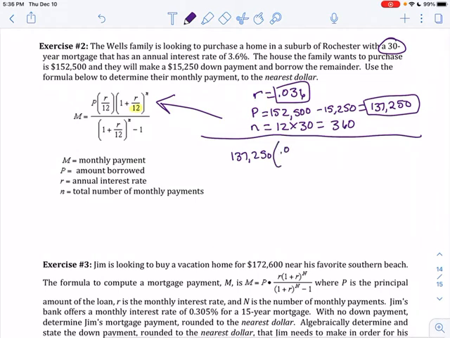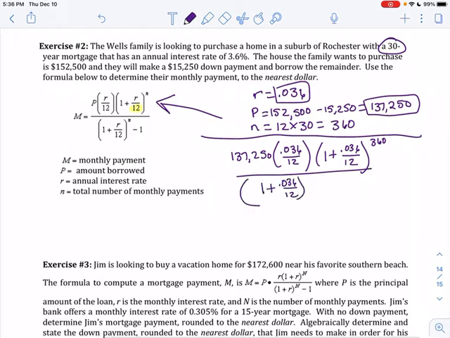The rate, 0.036, divided by the number of payments, 12, times 1 plus the rate again, 0.036 divided by 12, and to the number N, the number of payments, that's my 360, and that whole thing is divided by 1 plus 0.036 divided by 12, and again to the nth power, 360, minus 1.